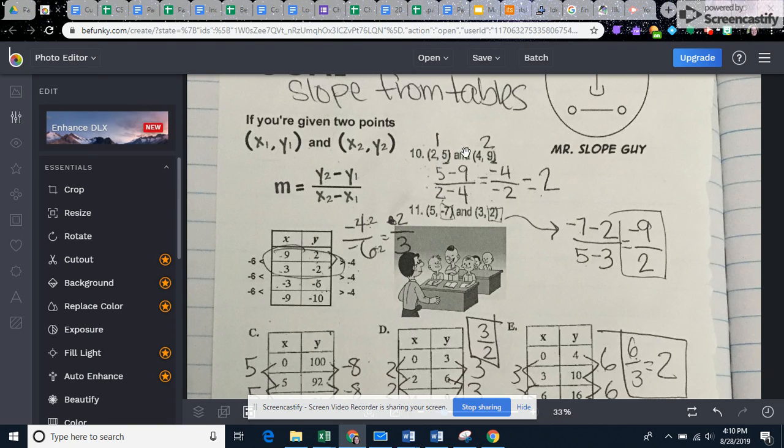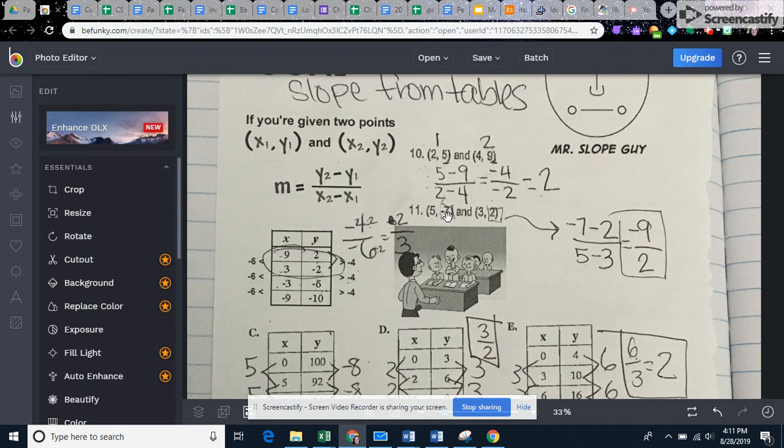So since it was 5 minus 9, you're going to do 2 minus 4 for your x's on bottom. These should come from the same ordered pair. 5 minus 9 is negative 4. 2 minus 4 is negative 2. When you simplify this, negative divided by a negative will make it a positive. 4 divided by 2 simplifies to be 2 over 1, or just 2.